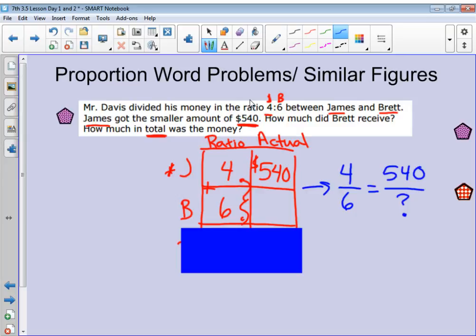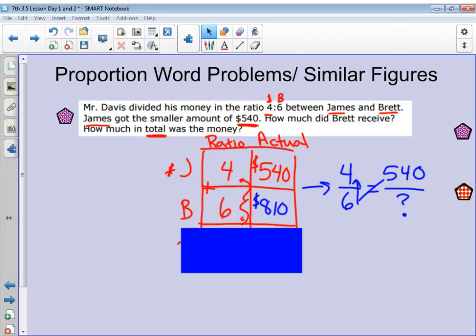That's what I'm trying to figure out. So I'm going to use, like we did in the last few lessons, cross multiply and divide. Pull my calculator out. I've got 540 times 6, and divide that by 4. Or I could have figured out how much each part was and then taken that times 6. So I just found out that Brett got $810.